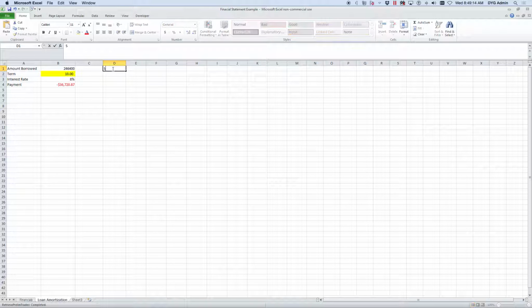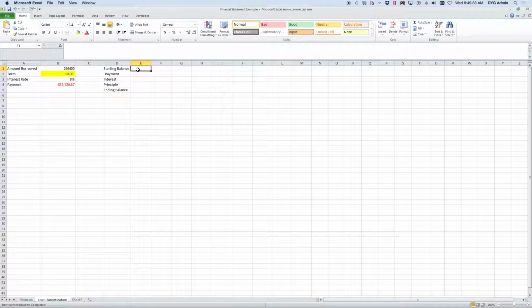So let's do a starting balance, payment, interest, principal, ending balance. Okay. So starting balance is equal to that. Payment is equal to that.